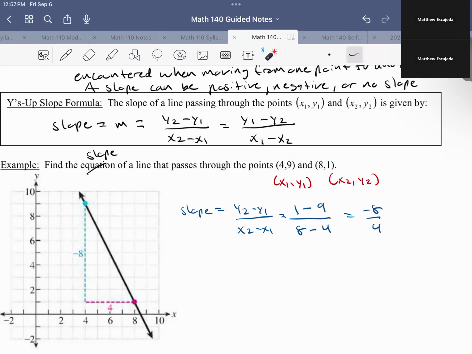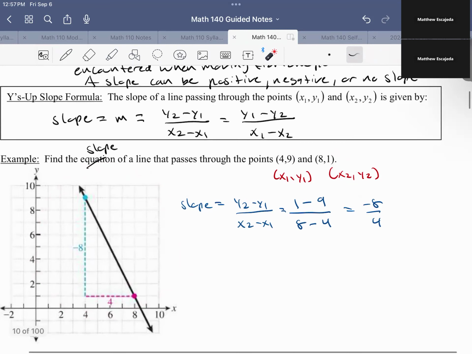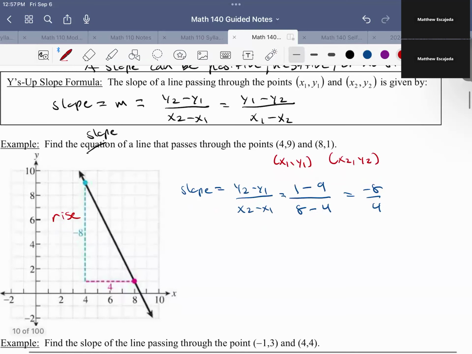Before we finish that, let's look at the graph. This graph is very nice to us because it tells us what is going on. The vertical move, the rise, is -8, going down 8.